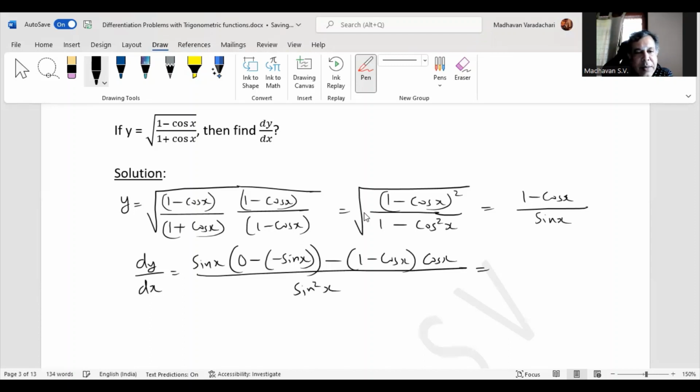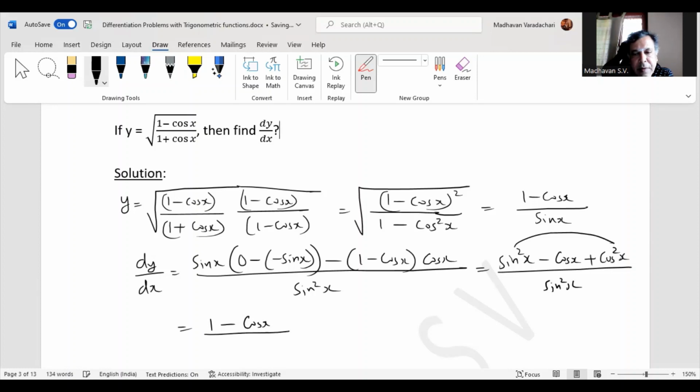So the numerator is now sin x times, plus minus into minus becomes plus, so sine square x. It becomes minus 1 into cos x, which is cos x, minus or minus, it becomes plus. Cos x into cos x becomes cos square x, divided by sine square x. Now, sine square x plus cos square x is 1. So 1 minus cos x divided by sine square x.